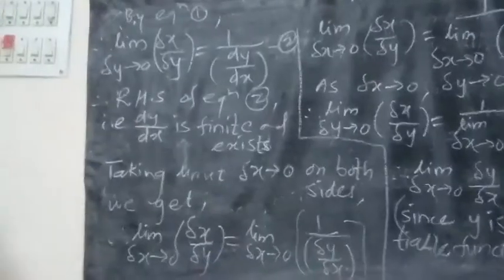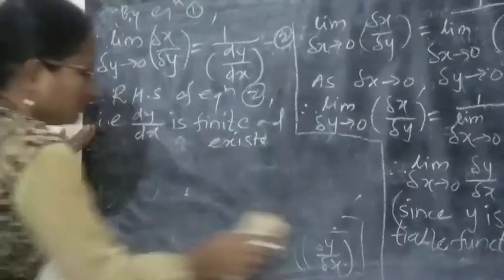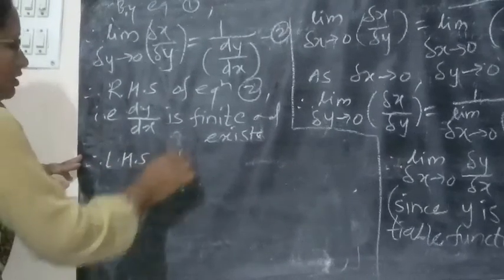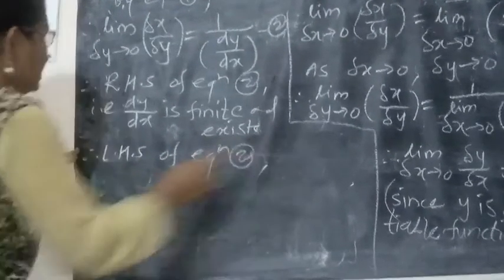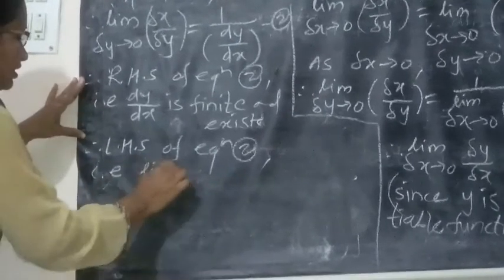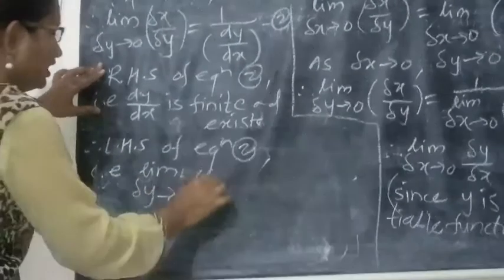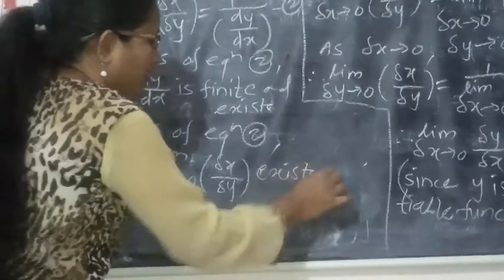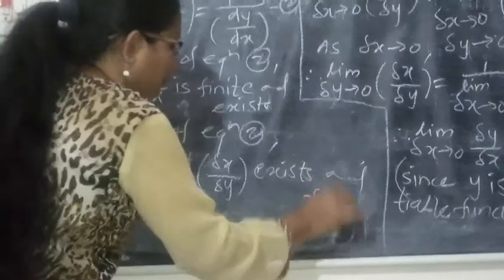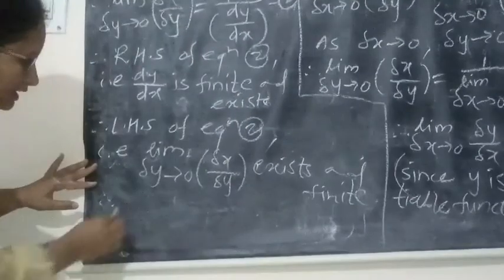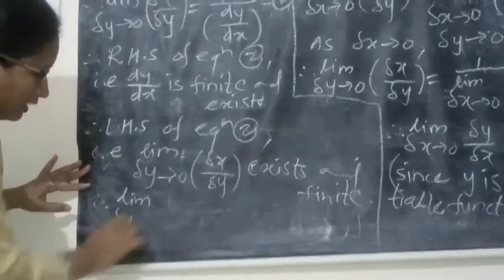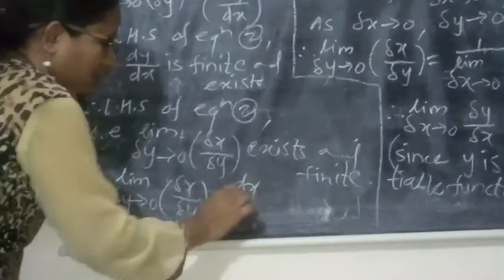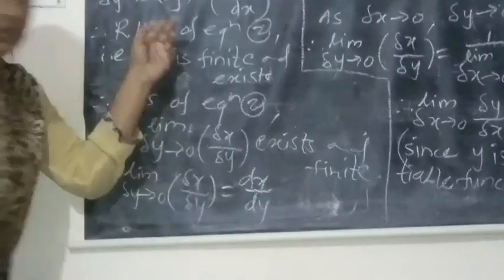Therefore we can say that the LHS of equation 2, that is limit delta y tends to 0, delta x upon delta y, exists and is finite, and therefore we can write limit delta y tends to 0, delta x upon delta y is equal to dx upon dy. So we can put this value in equation 2.